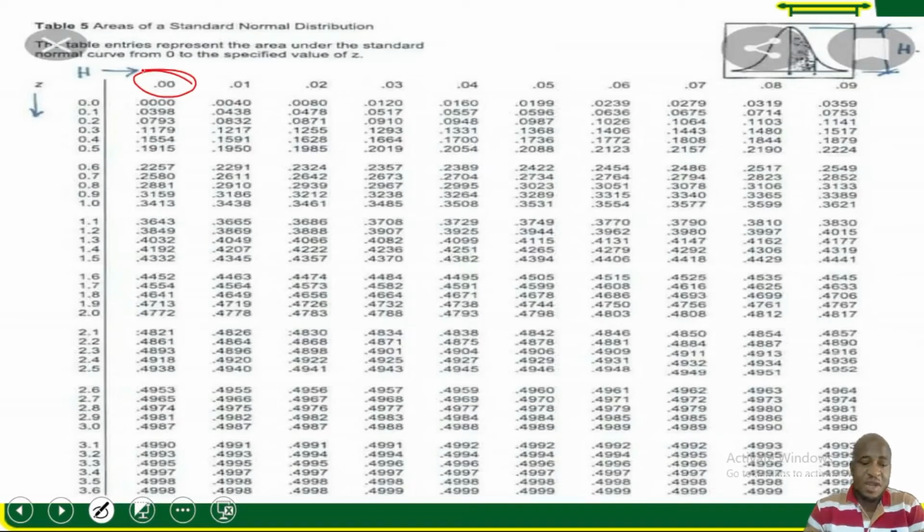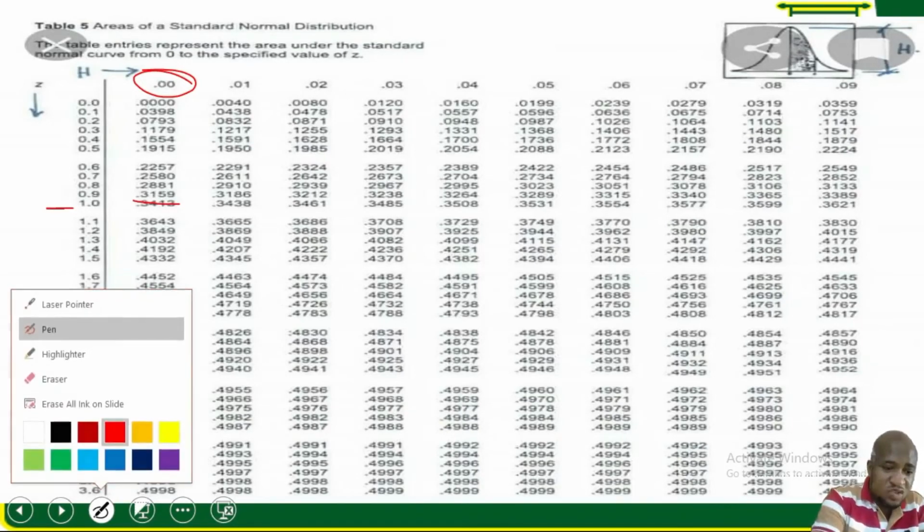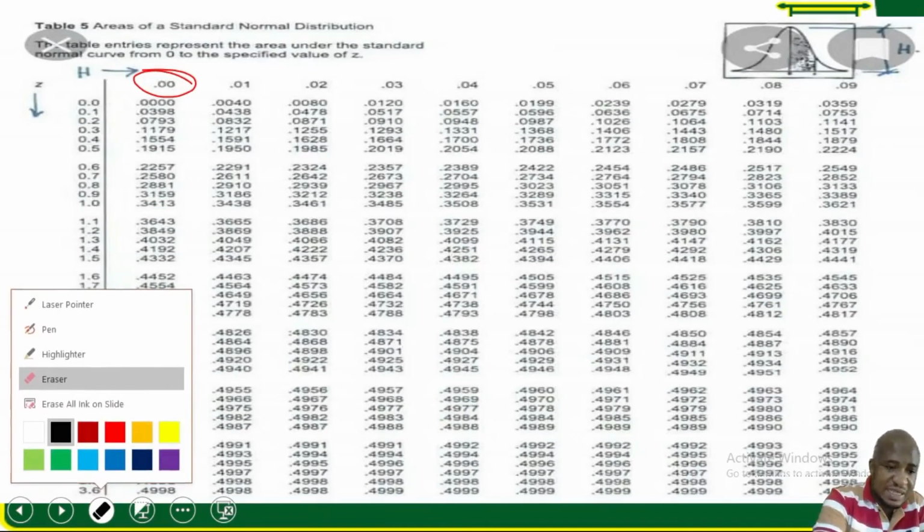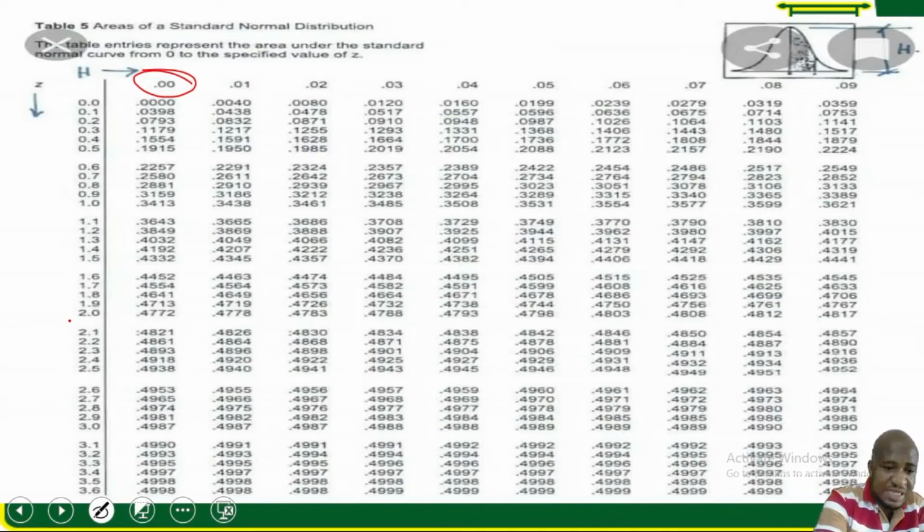So here, when we were searching for the 1, remember we chose this and its corresponding value. But now we are not searching for 1. And the 2 is still in 1 decimal place. It's 2.0, the same as 2. So we will just target the 2 from the vertical axis, this 2.